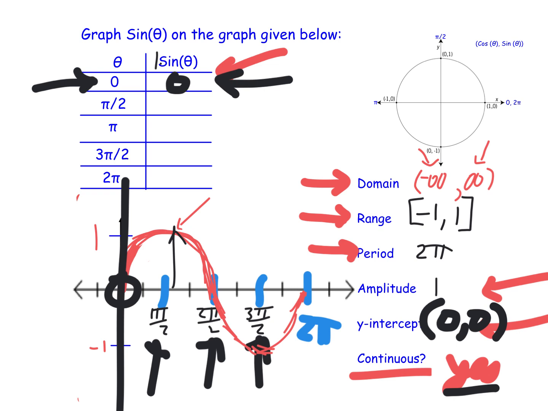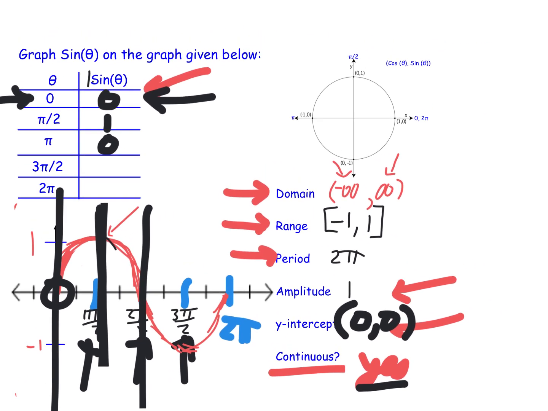At pi over 2, which is like here, what was sine? 1. The height was 1. Remember, the sine is the y, which is like the height. At this spot of 2 pi over 2, which is the same as pi, it went back to 0. Wait a minute, you're giving me those zeros and ones again.